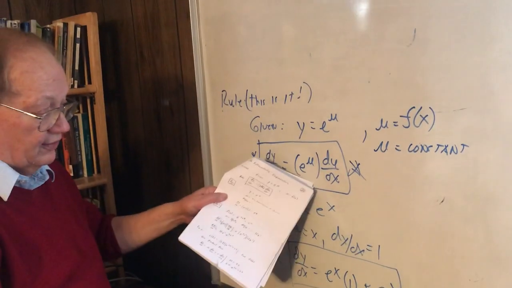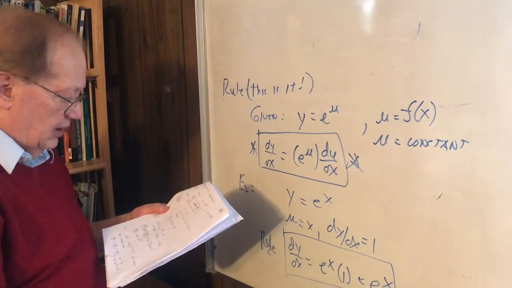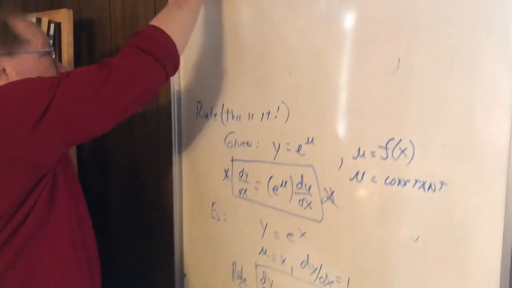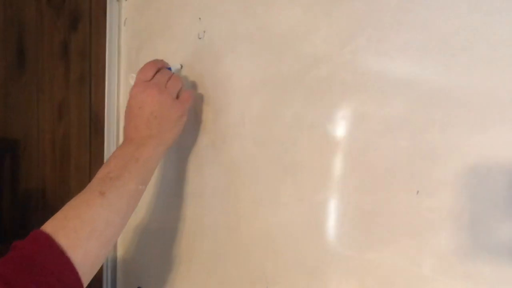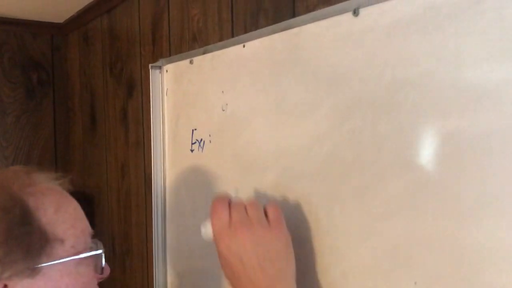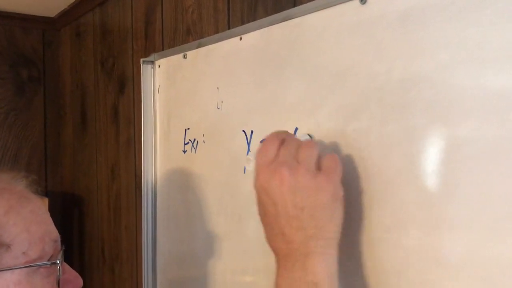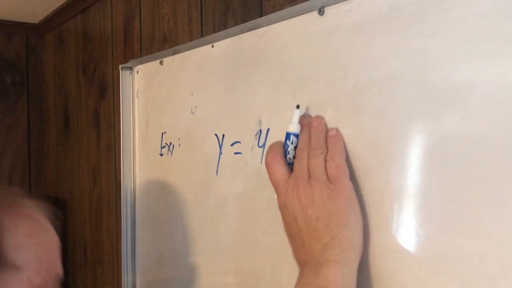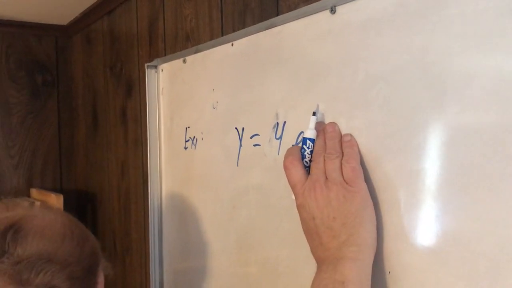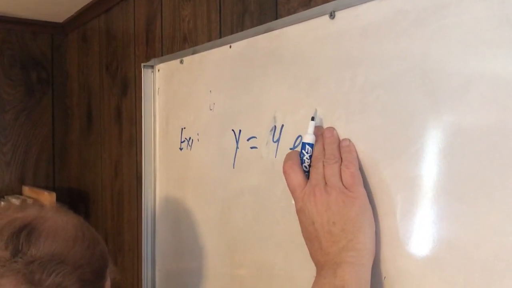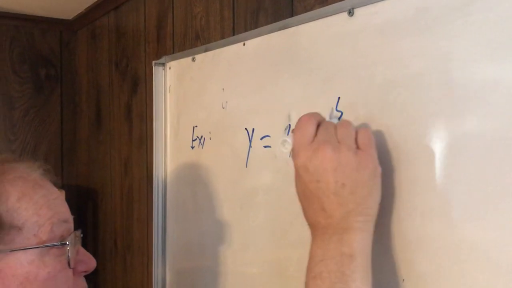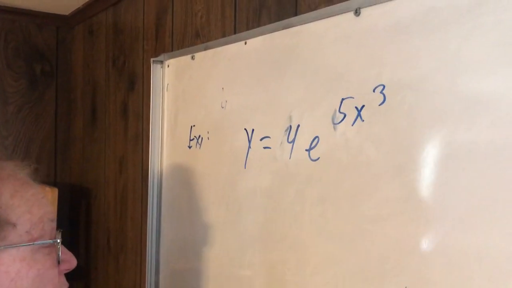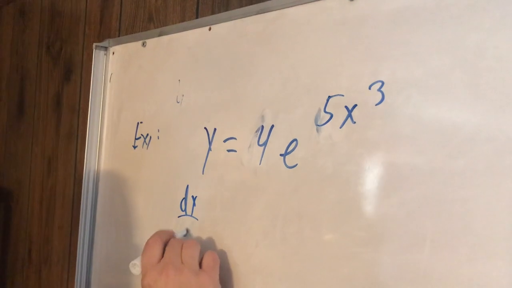People take logs and try to use the exponent rule. Okay, so let's take an example. And we're going to say y equals 4 e to the 5x cubed. Find dy dx.